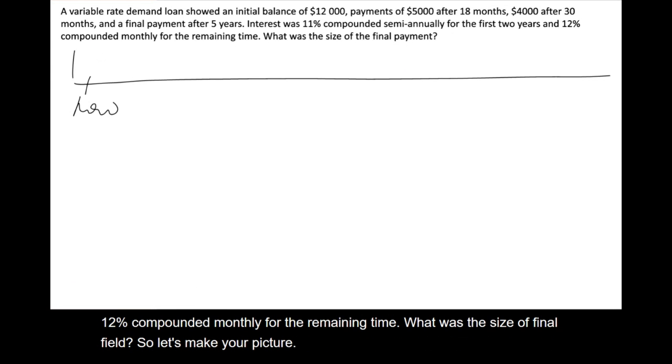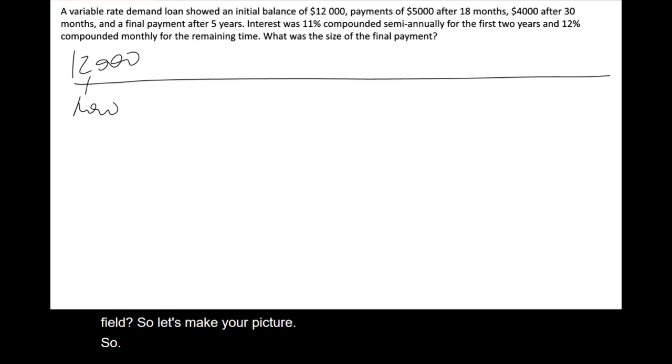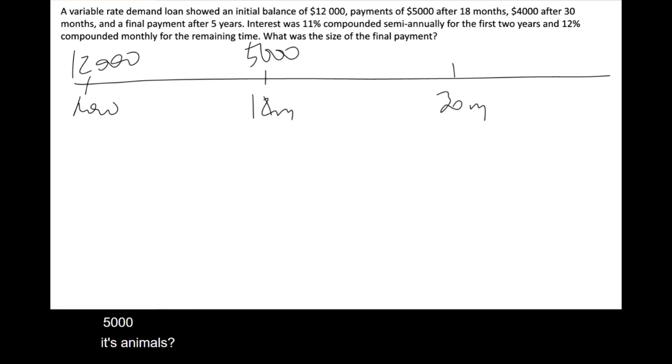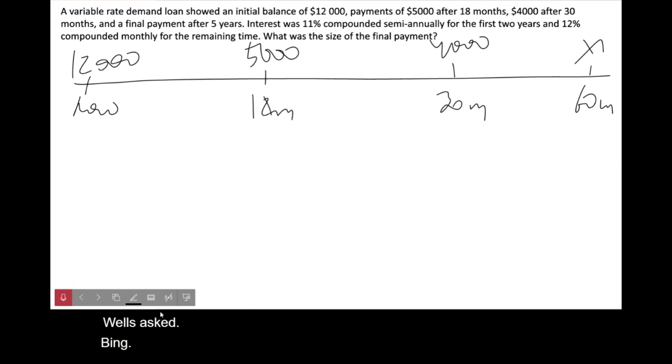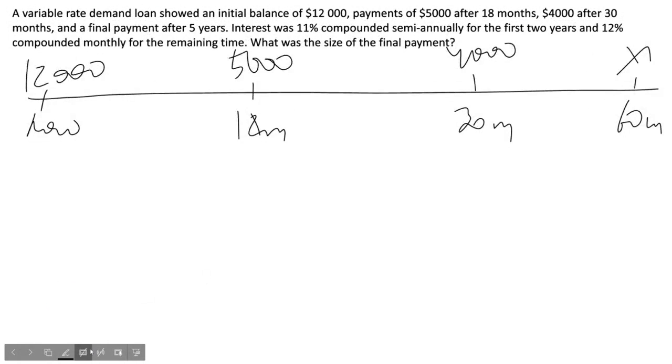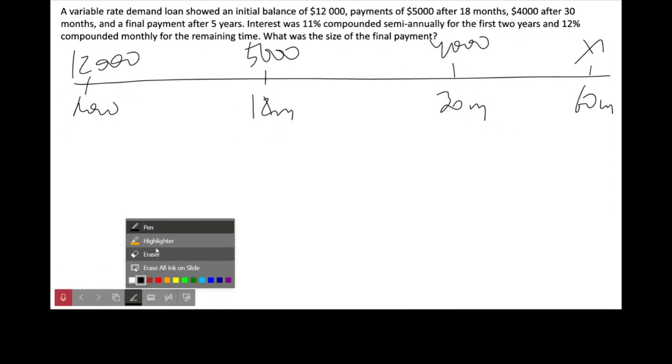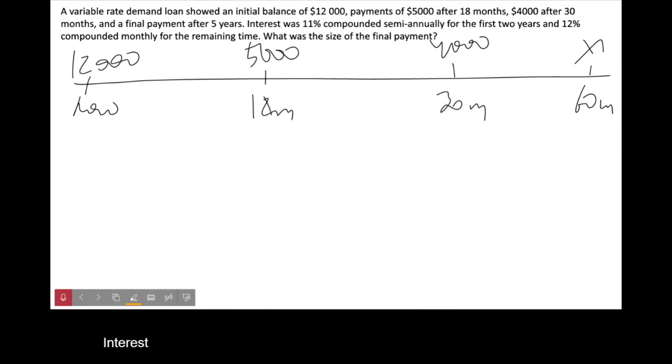So now 12,000, 18 months, 5,000, 30 months, 4,000, 5 years, I put 60 months. Well, that's payment. Now let's work with interest rates.